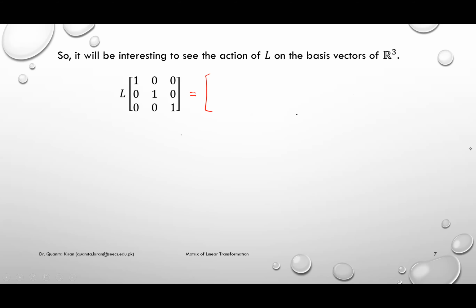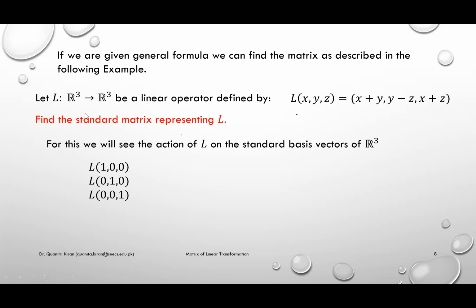You can see that (1, 0, 0) maps onto (2, -1), (0, 1, 0) maps onto (3, 1), and (0, 0, 1) maps onto (-1, 2). And so this is the matrix of the transformation of these basis vectors.